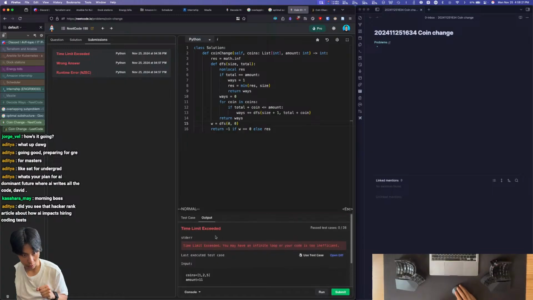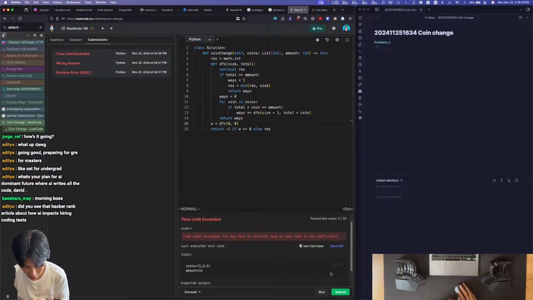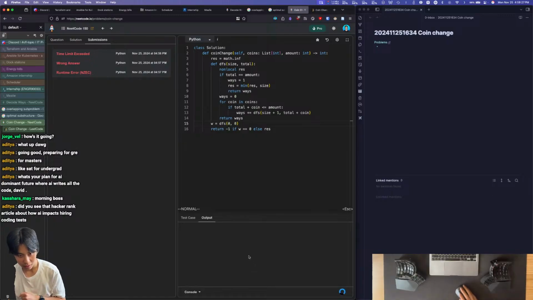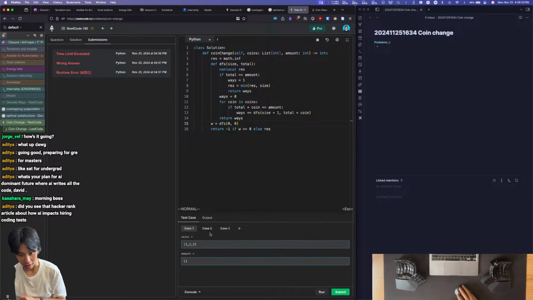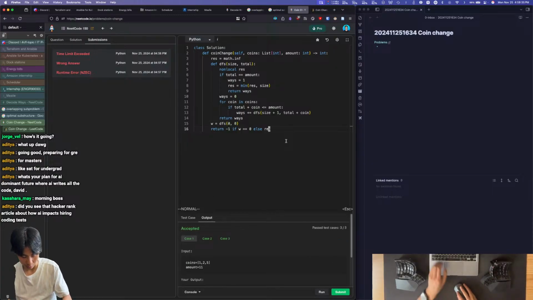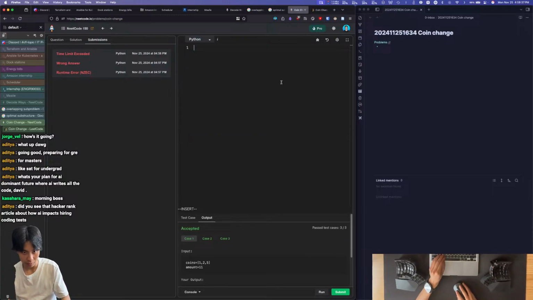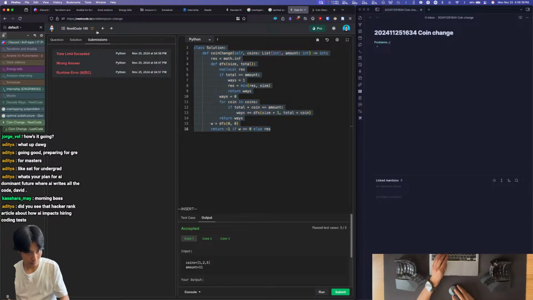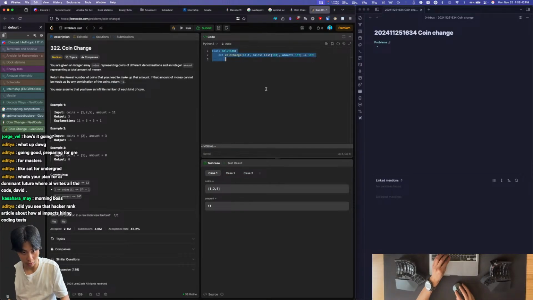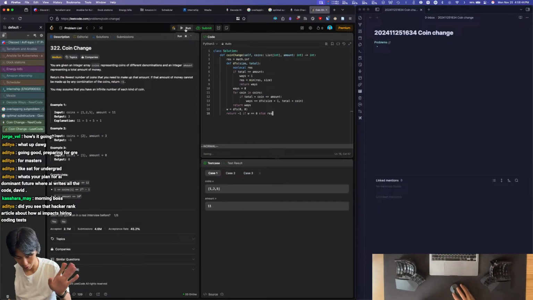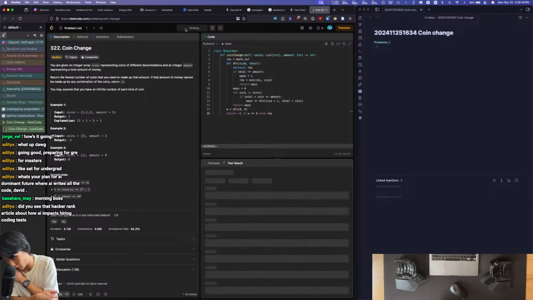Okay, code is too inefficient. How many test cases does it pass? 0 of the test cases? Wait. Alright, it passes the 3 there, but it passes 0 of the ones in the actual problem. So I want to try also just running it here, because this is just a backtracking approach right now that I have.